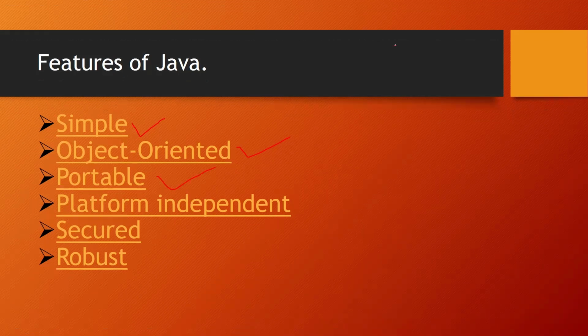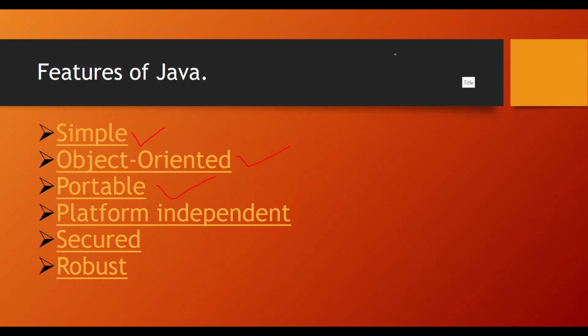Now let's understand point number 4, which is platform independent. Why is Java called platform independent? A platform stands for any hardware and software which helps with the execution of a program. So Java is platform independent, and it is also called write once and run anywhere, WORA in short form.